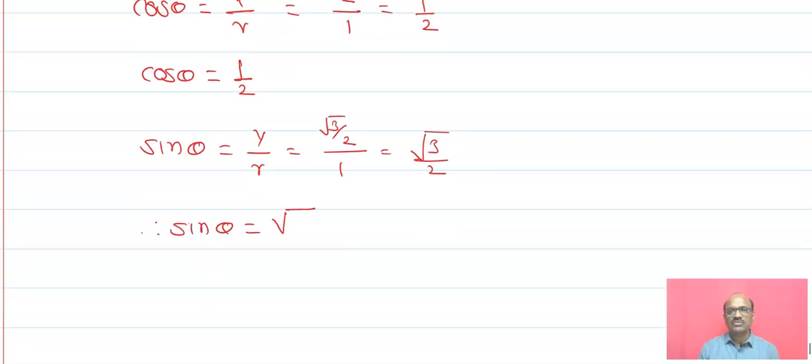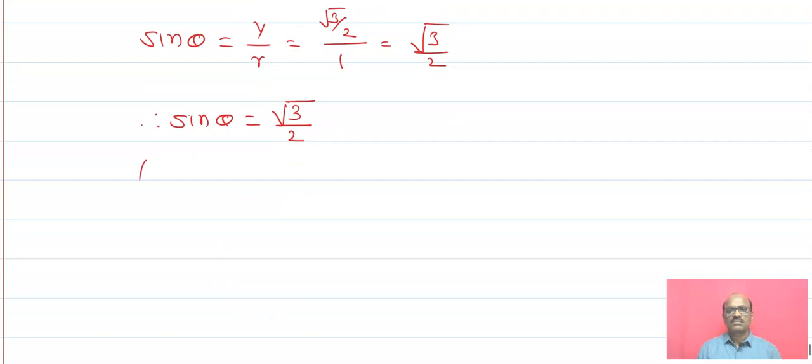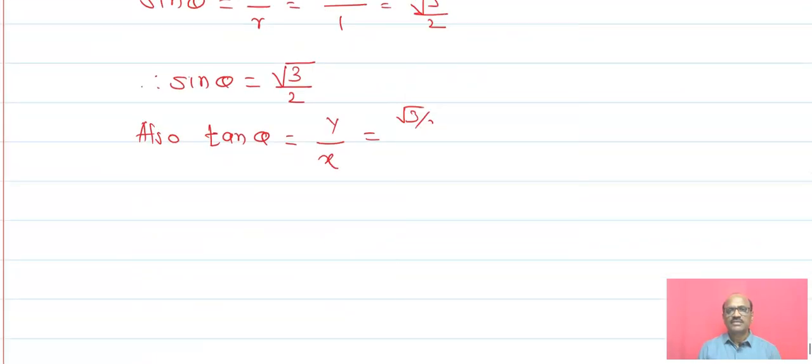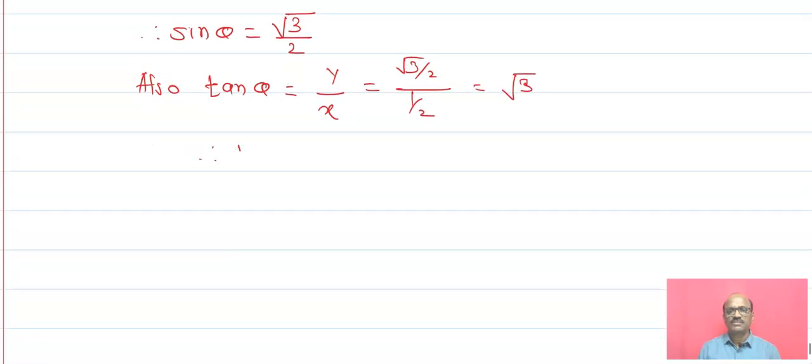Sin theta is equals to root 3 upon 2. Also, tan theta is equals to y upon x. Therefore, root 3 upon 2 divided by 1 upon 2, you will get root 3.